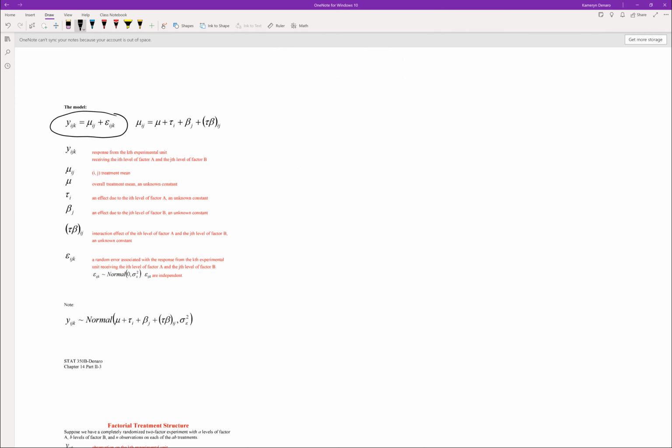If we're talking about people, then these experimental units are subjects, receiving the ith level of factor A and the jth level of factor B. So in our previous example, people were randomized and there were 3 levels, level 1, level 2, level 3.